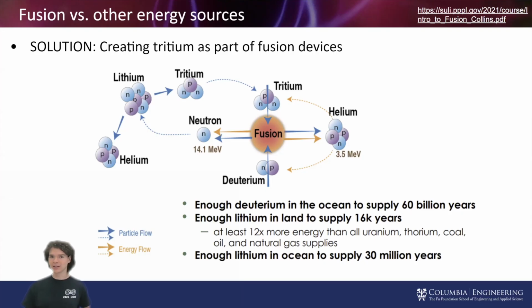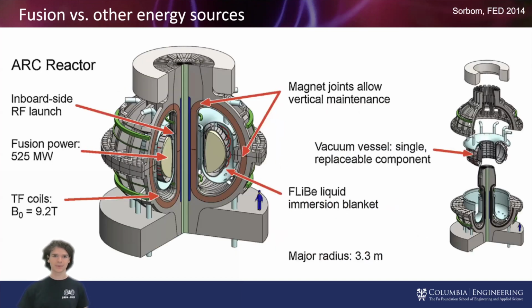So you could actually get more tritium. This is what we call breeding tritium out of fusion power plants. And this could solve our lack of tritium issue that we're dealing with right now.